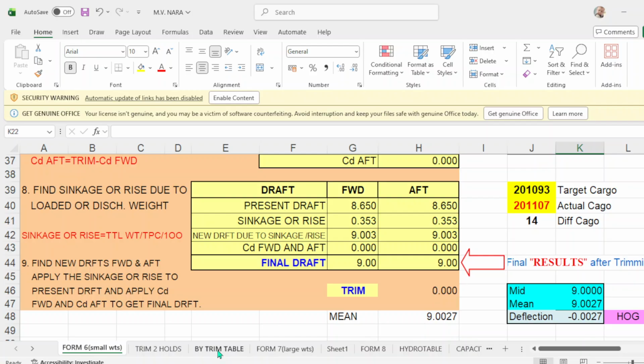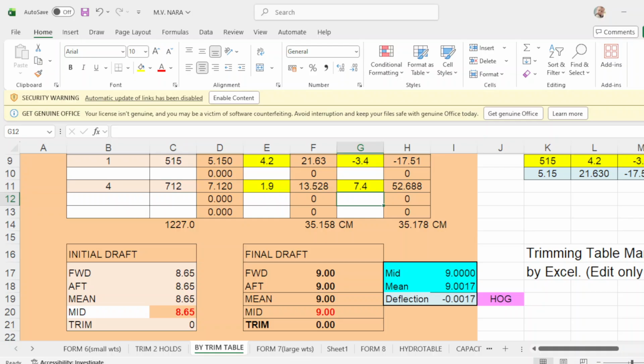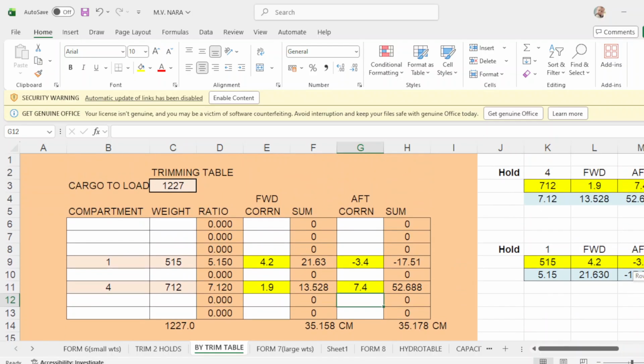Then by going to the trim table, okay, with the figure of 1,227, holds 1 and 4 of 515 and 712, putting all these corrections for your trim, correction forward and trim correction up in number 1, and in number 4, trim correction forward and trim correction up.